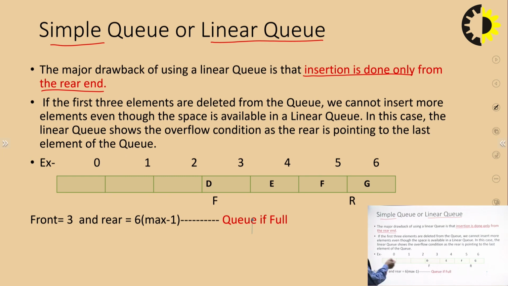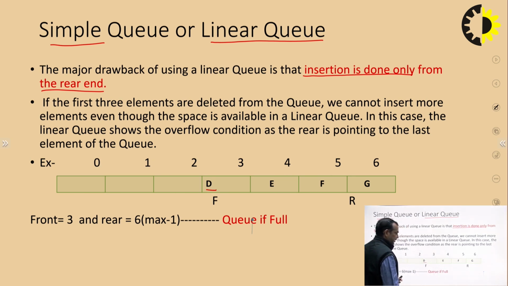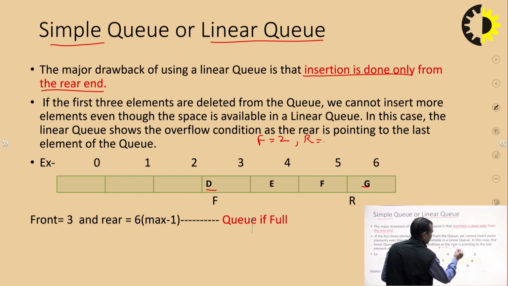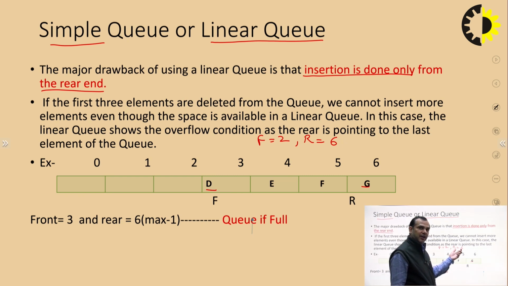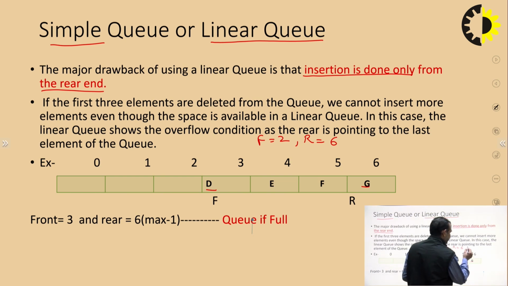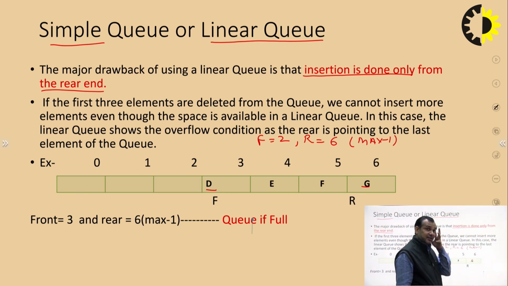Suppose we have a queue where front is indicating at 2 and rear at 6, so front equals 2 and rear equals 6. Now if we insert an element, we cannot, because we insert from the rear end, and rear is at 6, which is max minus 1. So there is no other space in the queue.